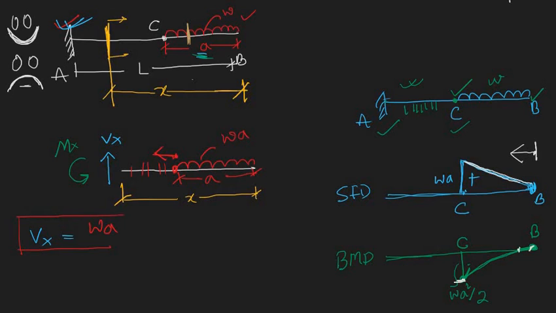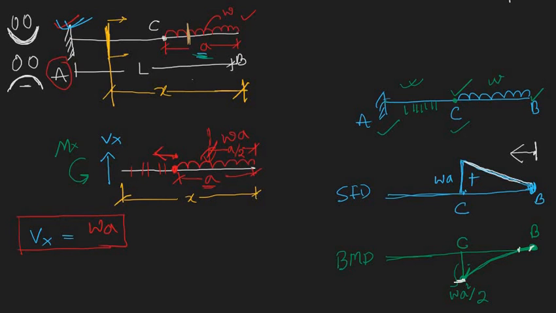This is the equation of the shear force diagram, or shear force at any section from this point to point A. Here we can also say that this resultant is actually acting at a distance of A by 2. The total length is A, so it is acting at a distance of A by 2 from this free end.